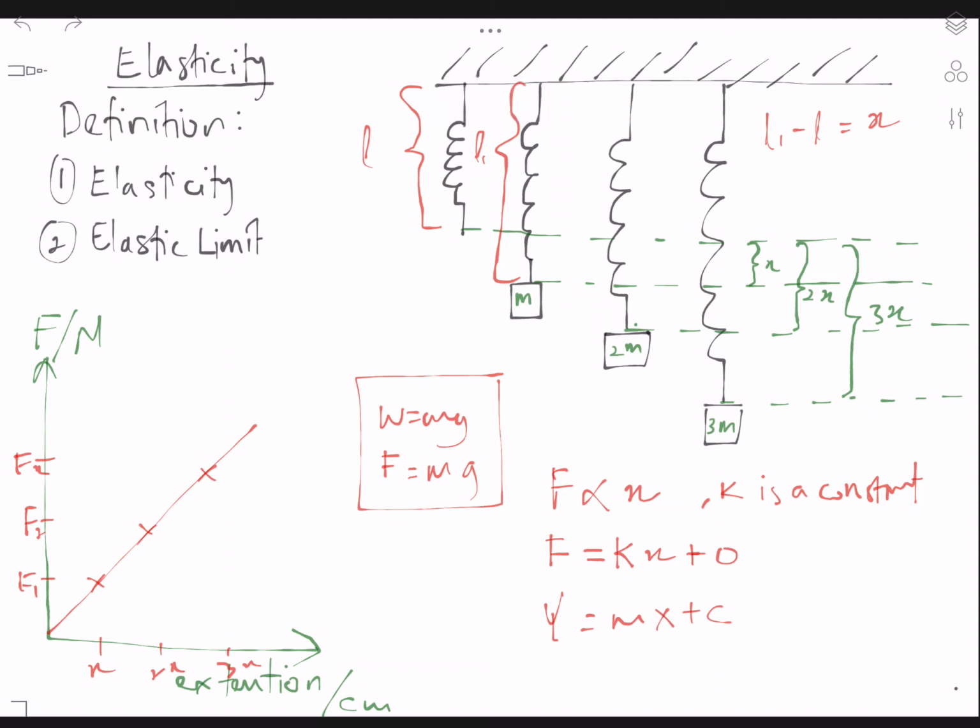F is y in the y-axis, and x is in the x-axis. So from here you can see that the gradient of the graph is actually the constant, the spring constant.